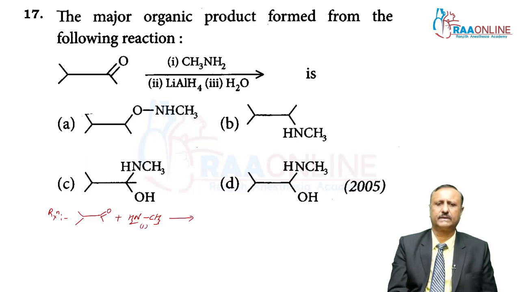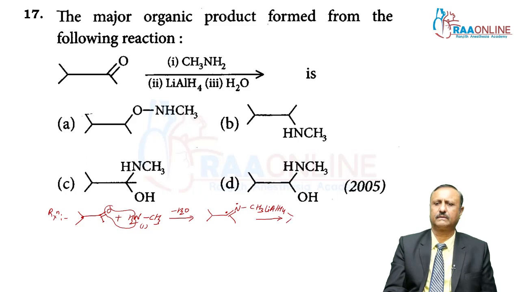This methylamine, when this reacts with this ketone, because here methyl group is present, so this is the type of ketones. So this type of ketone reacts with amines to evolve NH2, and when this H2O is replaced from this, here double bond N and CH3 is formed, and when this compound is formed, then this compound is reduced by LiAlH4, then this hydrogen atom is here and this here.